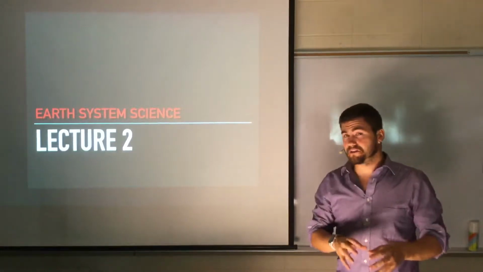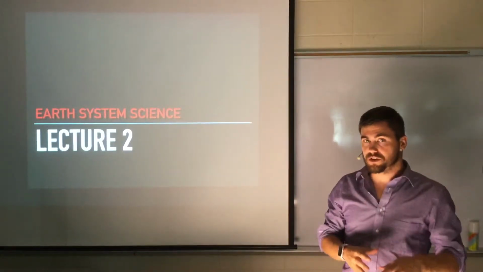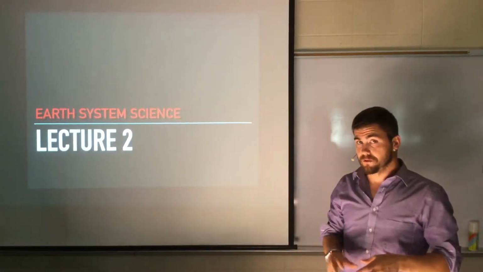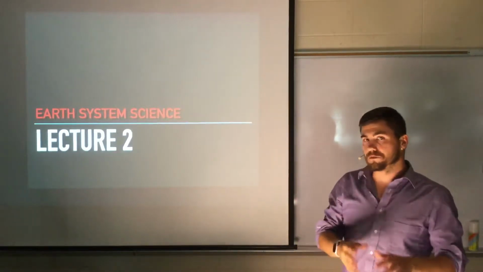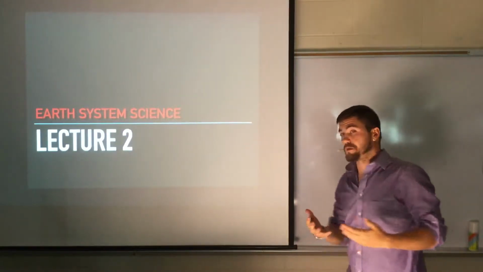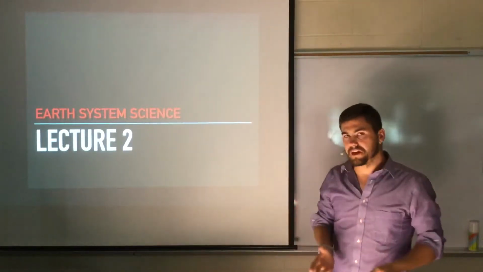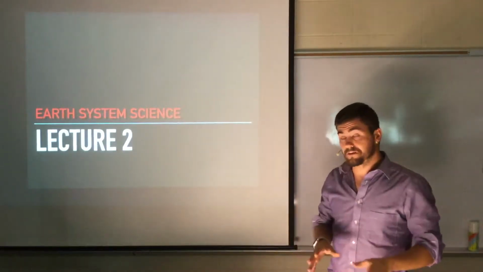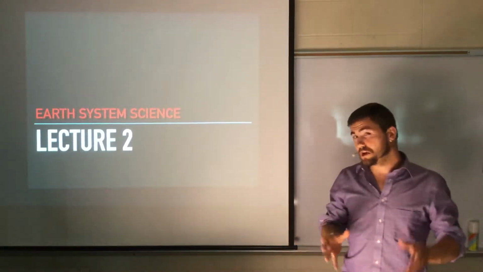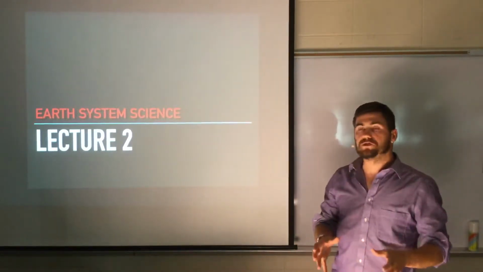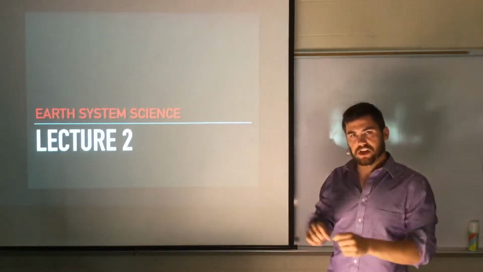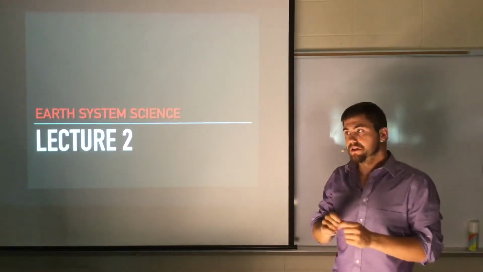Now, all of those different spheres interact with each other and influence each other. Understanding the relationships between them is what Earth system science is. So we're just introducing what it is, more or less, right now. And then for the entire year, we will always try to bridge connections between the different parts of the Earth.